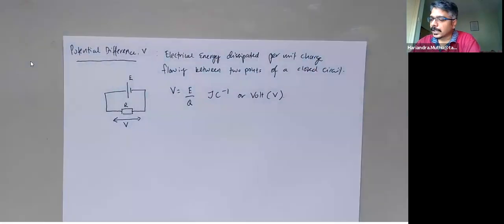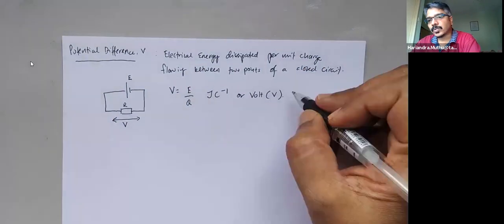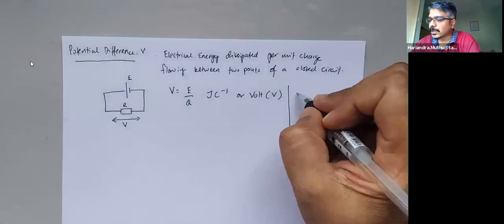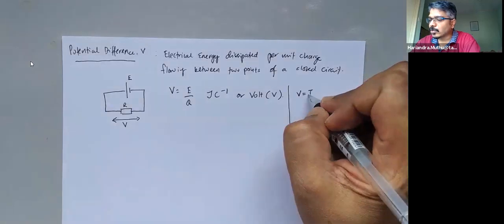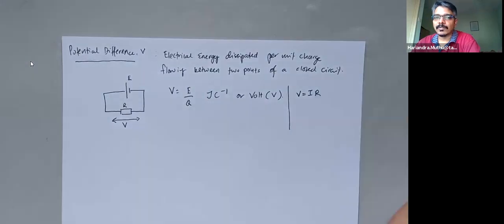Just for notes, many students think that the formula V equals IR is what is used to define the potential difference. This is wrong.